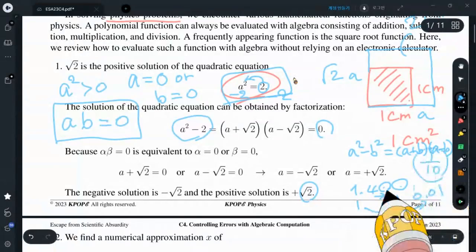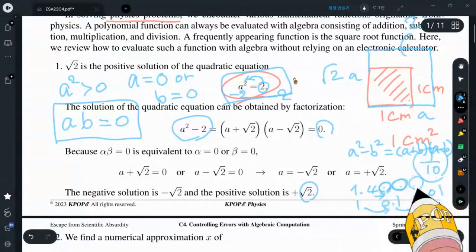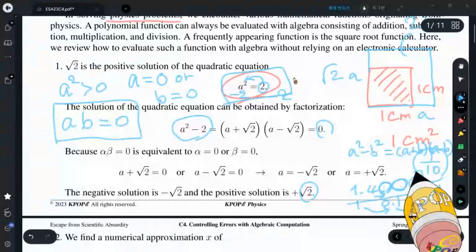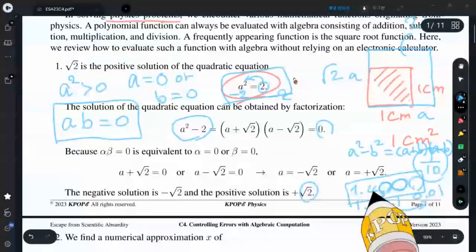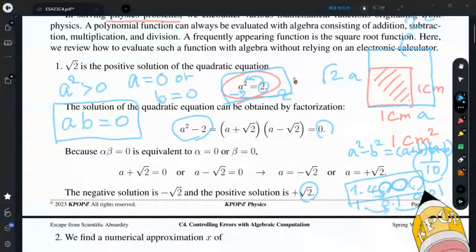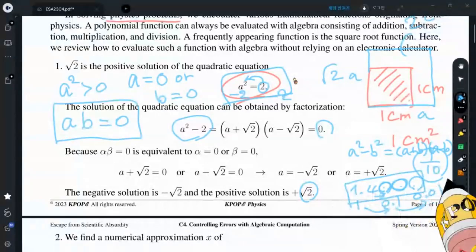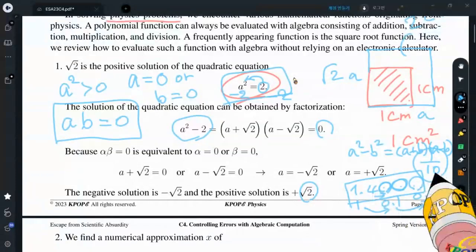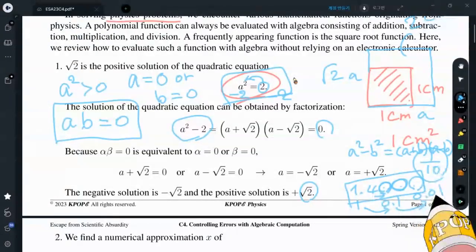So if you increase the number of digits, then your approximate value becomes as accurate as possible. So at some point, we truncate this series at a satisfactory level of accuracy.